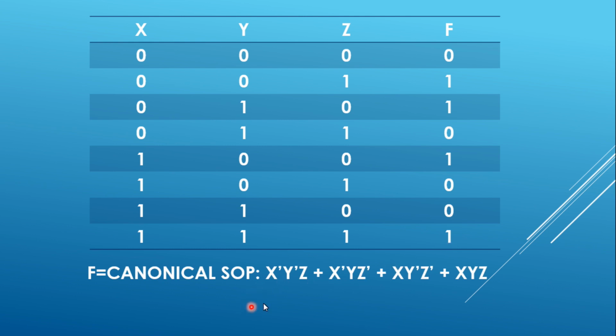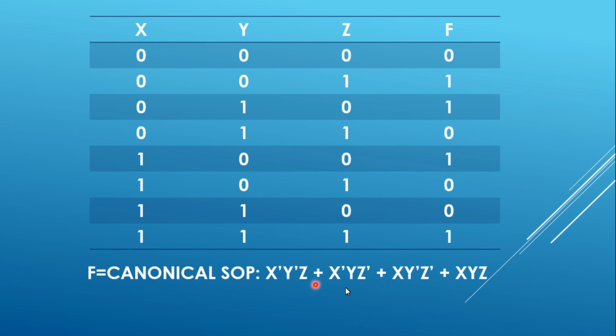So when is it true? For the first one it is 0, 0, 1. So how we will represent it? X bar, y bar, z. Then the second one is x bar, y, z bar. Third one, it will be x, y bar, z bar, and the fourth one, it will be x, y, z. Okay, and why are we putting a plus in between?